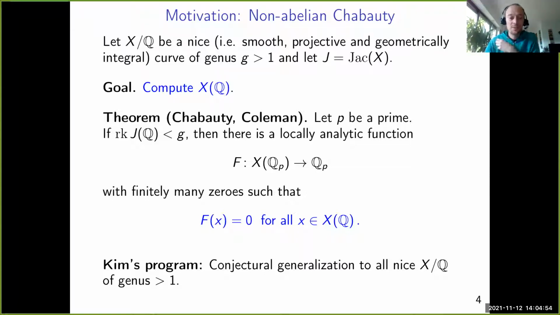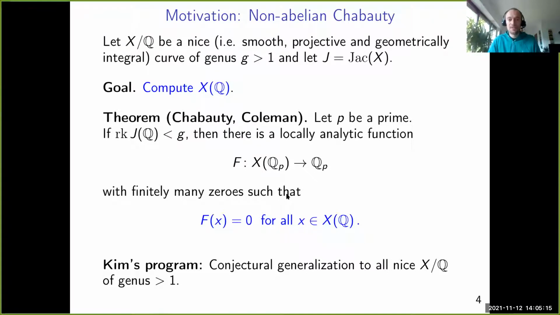If you assume that the rank of the Mordell-Weil group of the Jacobian is less than the genus, then what you can show is that there is a locally analytic function f on the p-adic points that only has finitely many zeros and that vanishes on the rational points. This is somehow by working inside of J(Q_p).